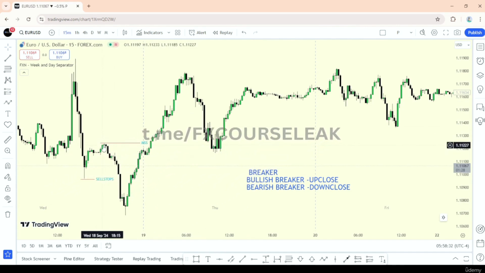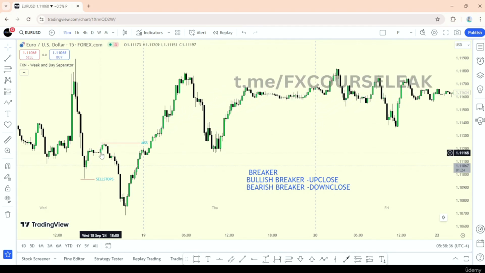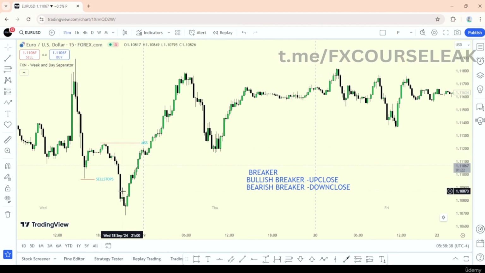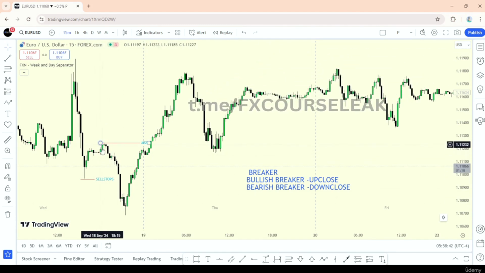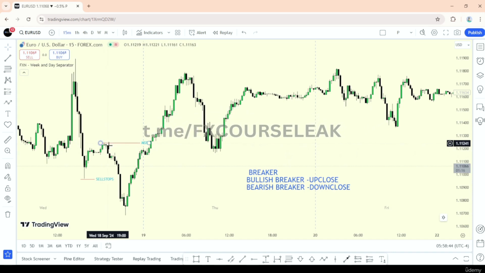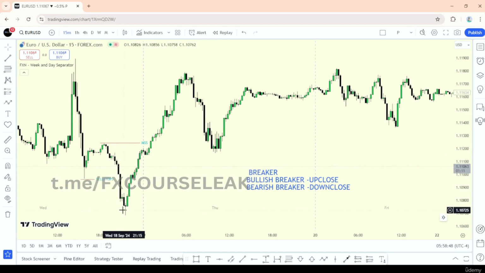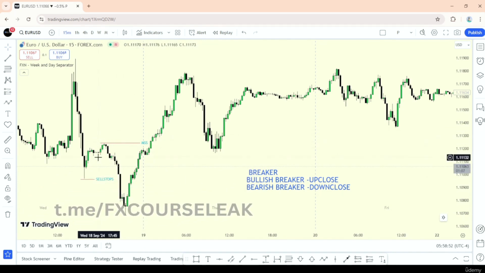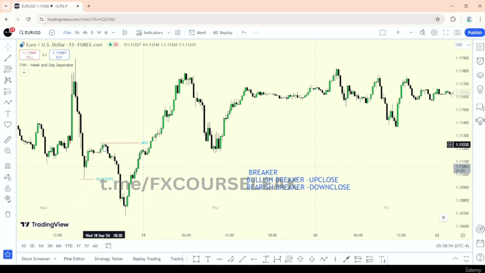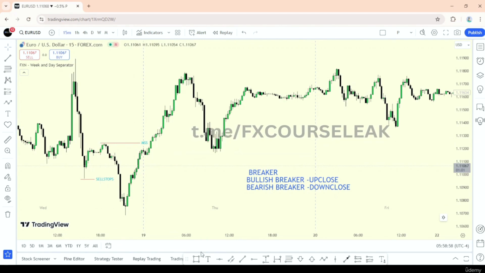We can see that here we have 3 consecutive candles before the market goes. So we had 3 consecutive candles, then immediately price ran down to run sell stops, then immediately we ran further high, running above this set of 3 candles. So that is our up close candle. That is our bullish breaker.